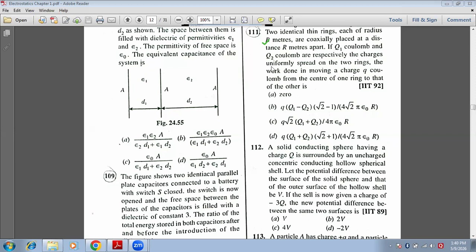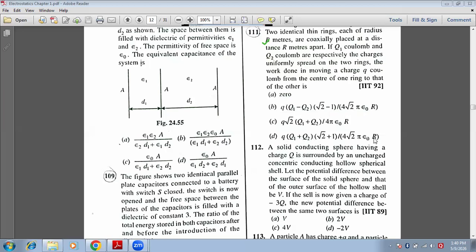If Q1 Coulomb and Q2 Coulomb are respectively the charges uniformly spread on the two rings, the work done in moving a charge small q Coulomb from the center of one ring to that of the other is option A 0, option B small q into Q1 minus Q2 into root 2 minus 1 upon 4 root 2 pi epsilon naught capital R. Option C, q root 2 into Q1 plus Q2 upon 4 pi epsilon naught R. Option D, small q into Q1 plus Q2 into root 2 plus 1 upon 4 root 2 pi epsilon naught capital R.